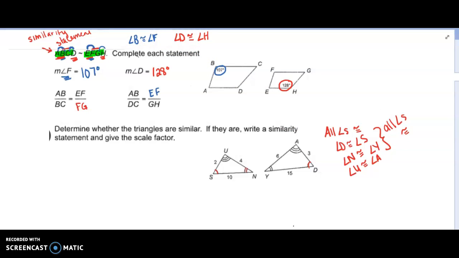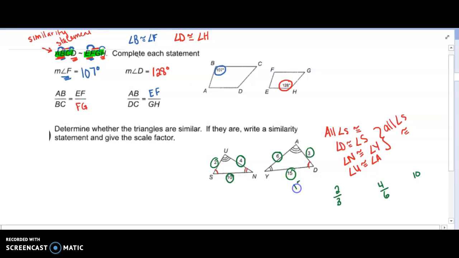Well, now we have to look at the side lengths, and we have to find the scale factor. So the smallest sides are 2 and 3. The middle side length here is 4, and the middle side length here is 6. And then the biggest side over here is 10, and the biggest side over here is 15.